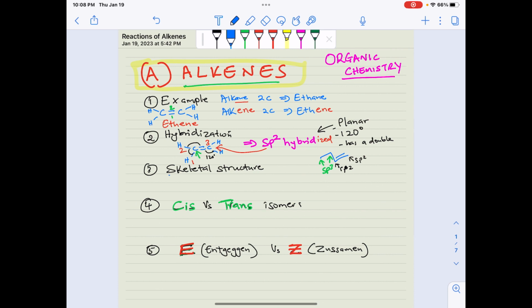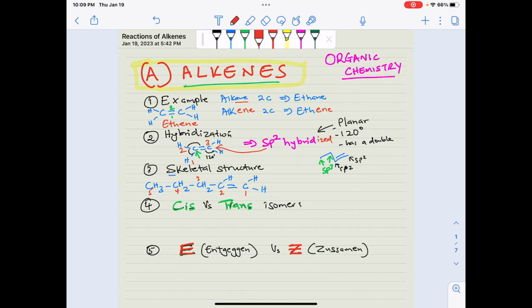Okay, next, skeletal structure. Now this is where we use lines instead of carbons to draw organic molecules. So for example, if you have a CH2, CH2, and then CH, let me put this hydrogen here, so CH, and then double bond carbon, H and H, you'll see that we have carbon number 1, 2, 3, 4, and 5 carbons.